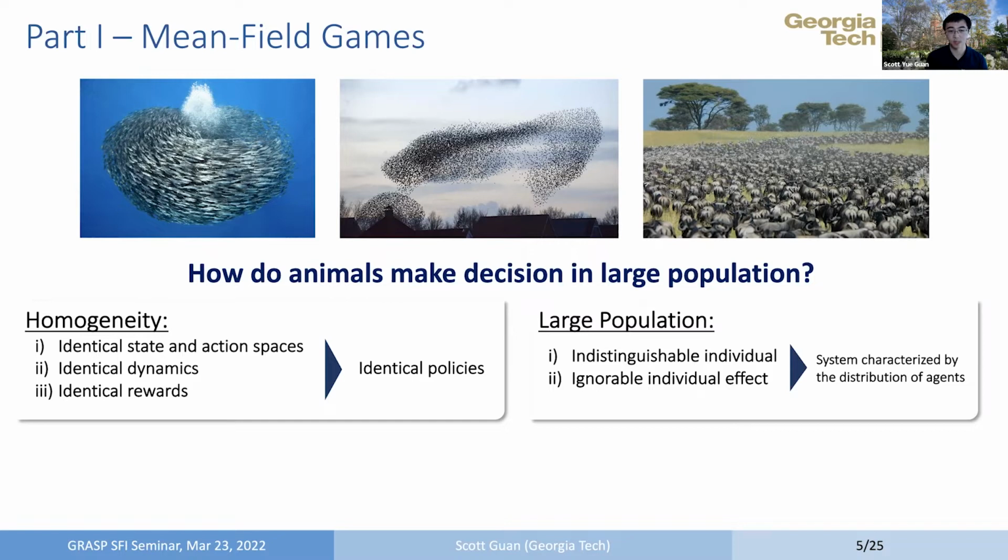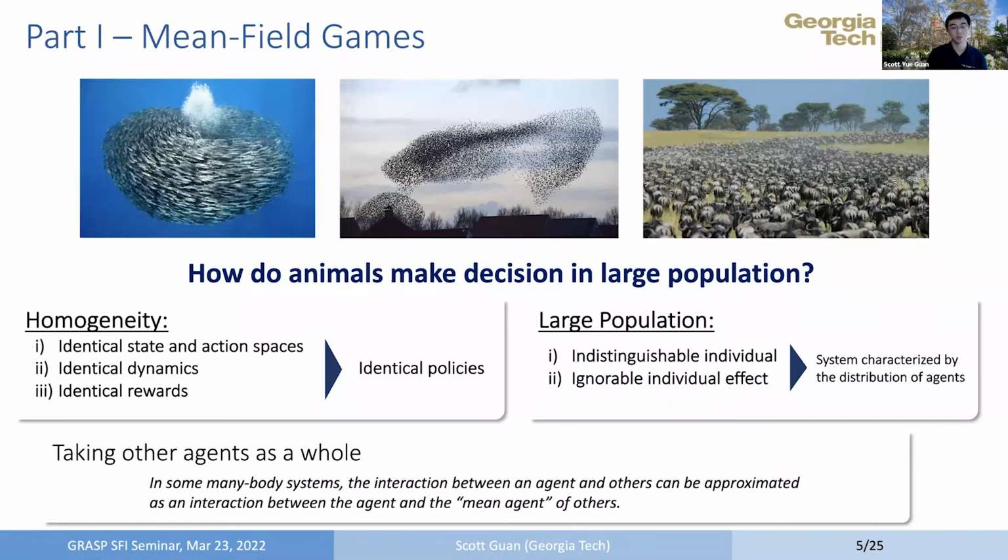In other words, we may just need to keep track of what fraction of agents are in state s instead of documenting which specific agent is in which state. These 2 observations are the main motivation for the mean field game. When playing in a mean field game, an agent takes other agents as a whole and approximates its interaction with other agents as an interaction between itself and the mean agent of the others. We will talk more about this later.